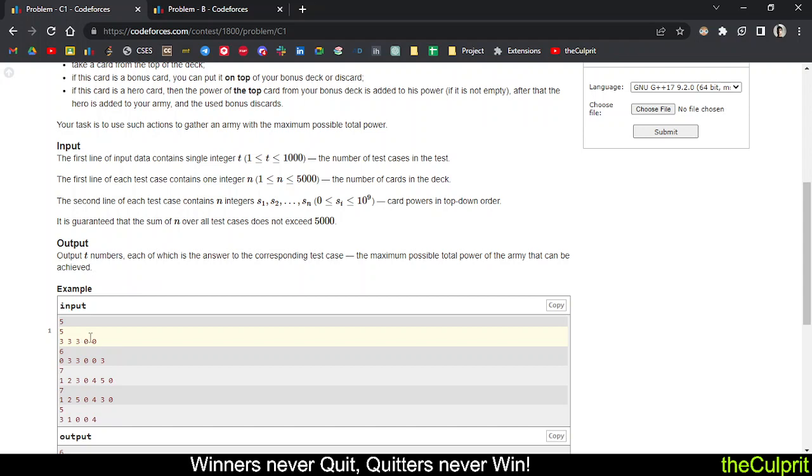So basically using a hero card depletes an equal number of bonus cards. If I have 2 hero cards, these two will be able to deplete these two. The maximum total power of the army.